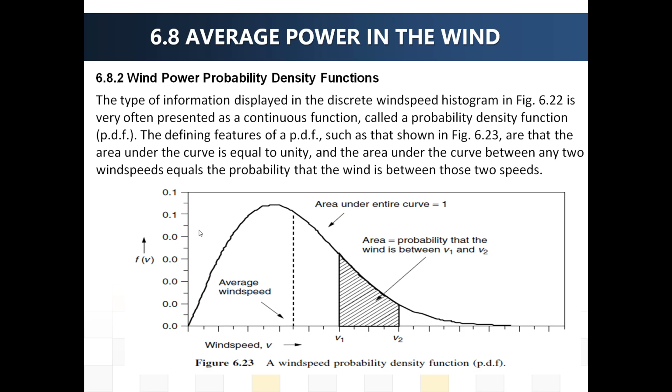The area under the curve is equal to unity, so the total area under this curve is equal to 1. The area under the curve between any two wind speeds equals the probability that the wind is between those two speeds. For example, the area between V1 and V2 is equal to the probability that the wind is between V1 and V2.